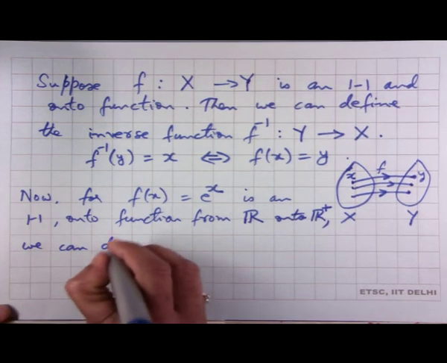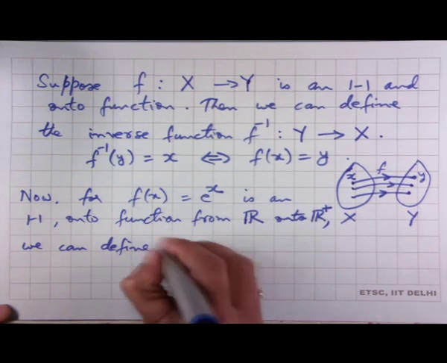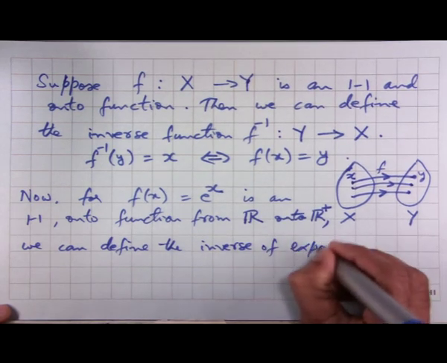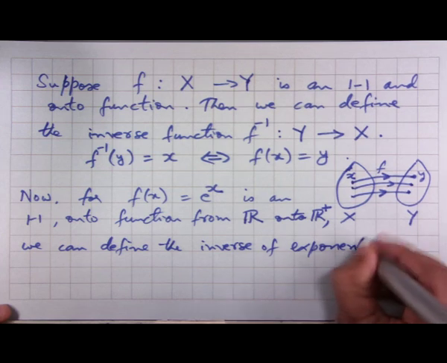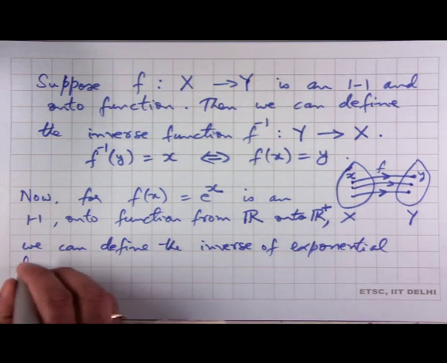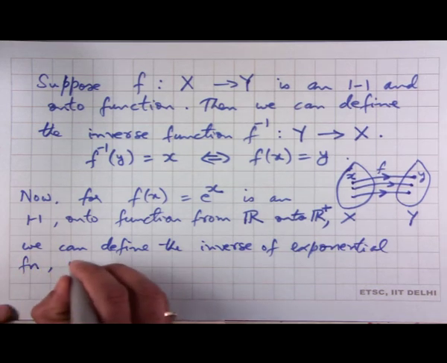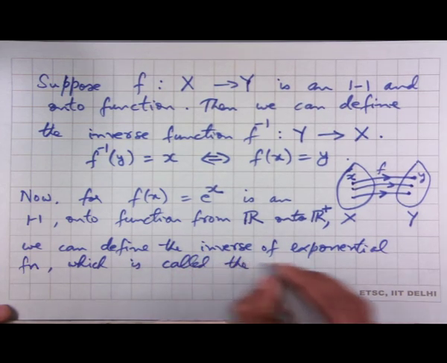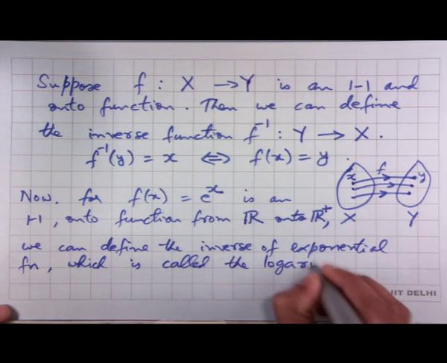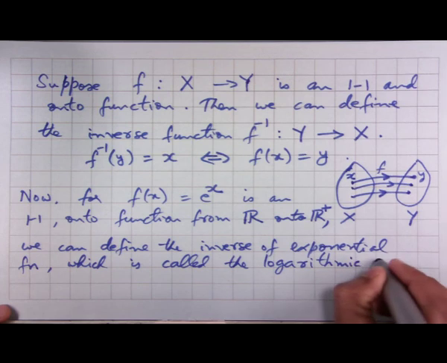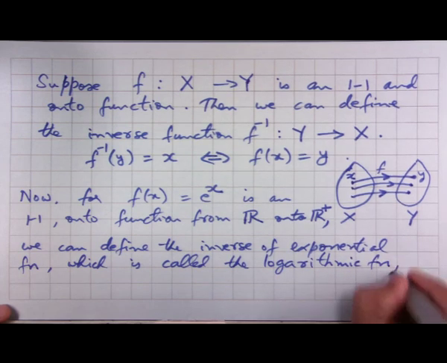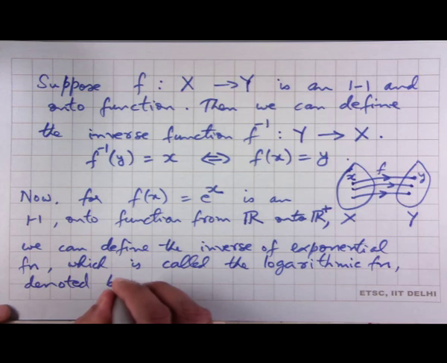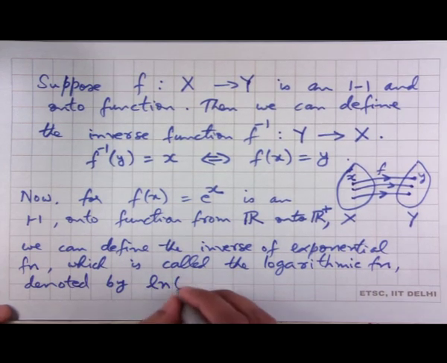We can define the inverse of the exponential function, which is called the logarithmic function and is denoted by ln of x.